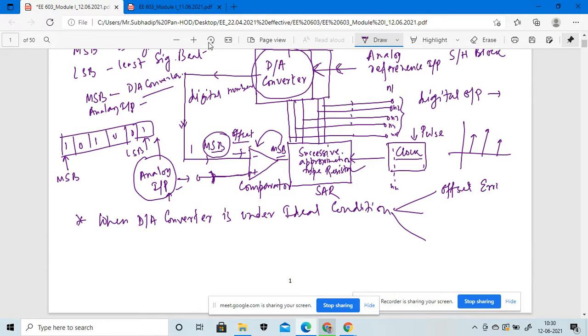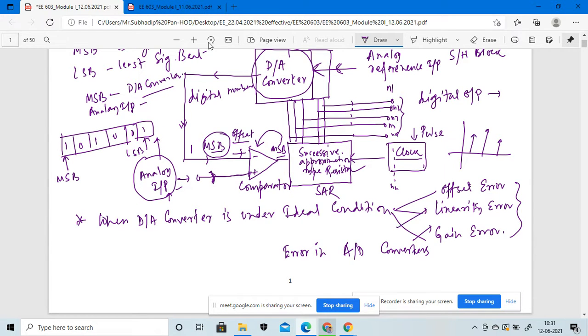So these are the errors that will come. Okay. So there must be a linearity error. Okay. And there must be a gain error. So three different types of error, which will also be termed as A to D converter errors. Okay. Or we can say the errors in A to D converters. Right. So these are the errors that will be caused due to the ideal condition of the D2A converters, right?